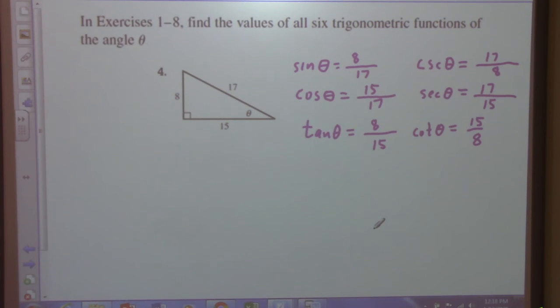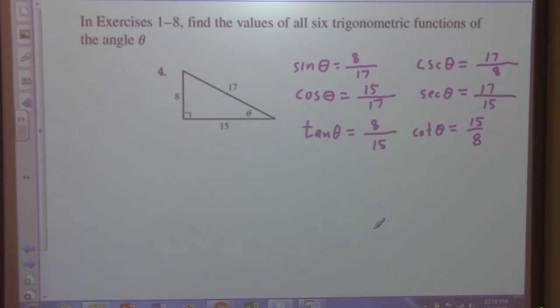Now, the next little set, 5 through 8, they're similar, except what's wrong with 5 through 8? They're all missing variables. Yeah, they're missing a side. So you're going to have to do a little extra work on 5 through 8. Are you ready? Good. Now, they're all square roots.